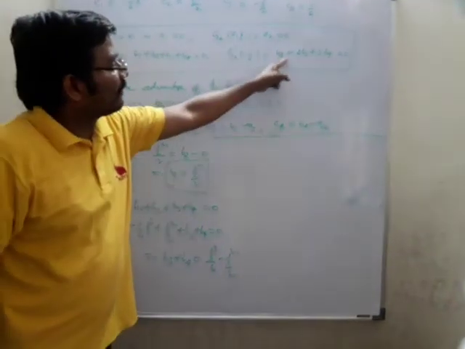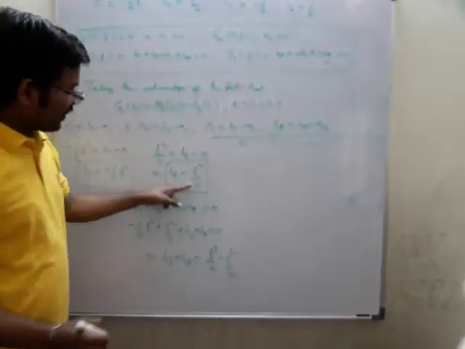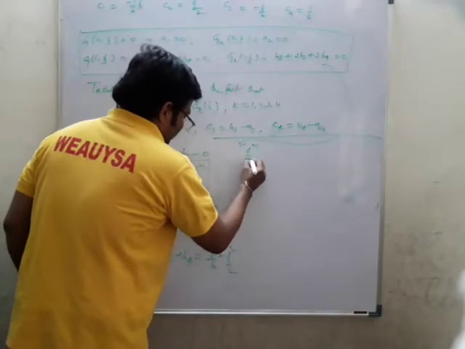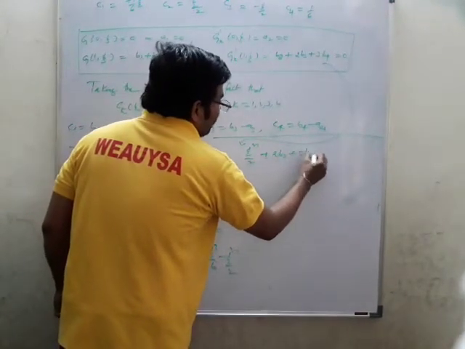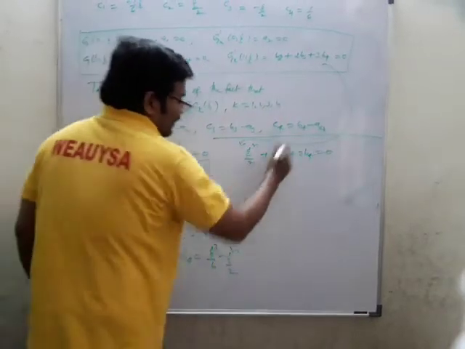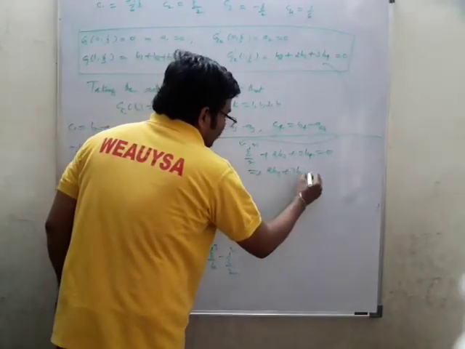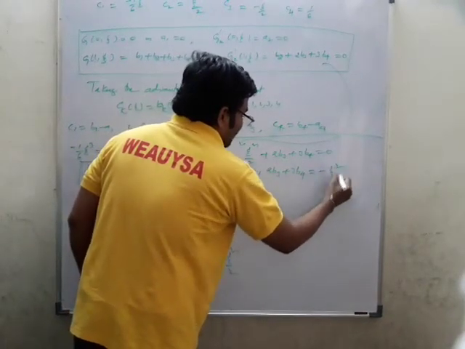Then from the other equation, we'll substitute B2 here. If you substitute B2, we get xi square by 2 plus 2B3 plus 3B4 equal to 0. Taking that to the other side, 2B3 plus 3B4 equal to minus xi square by 2.